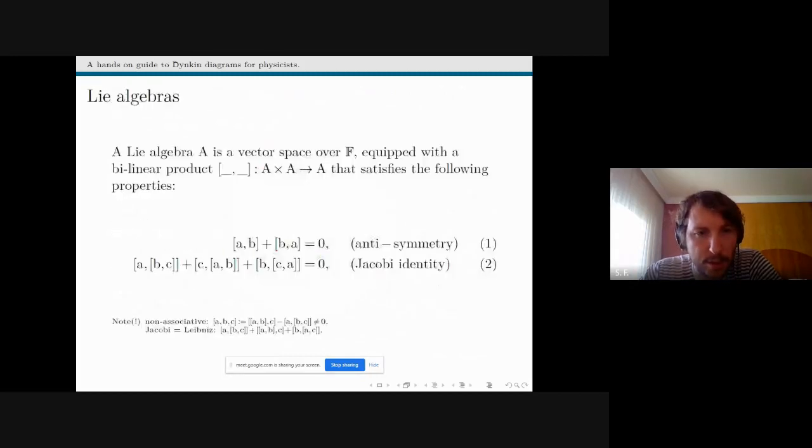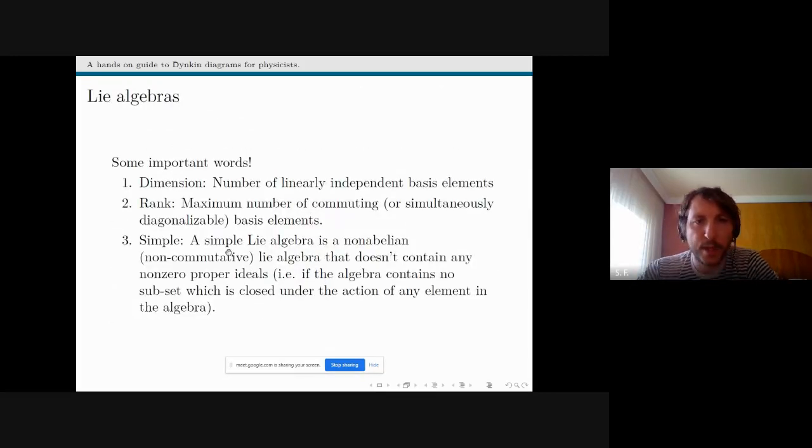If you look at the definition of simple, they define it to be non-abelian, so a non-commuting Lie algebra. I believe they make this definition just because it makes their life easier when they're working with various proofs. But yes, any direct sum between a semi-simple Lie algebra and U1 is non-semi-simple, just by definition.